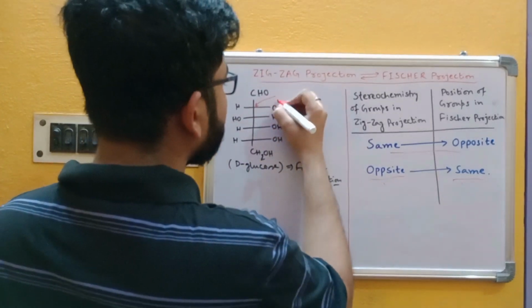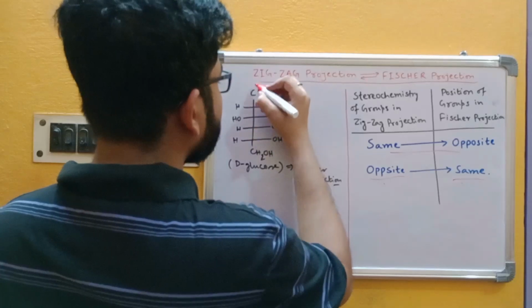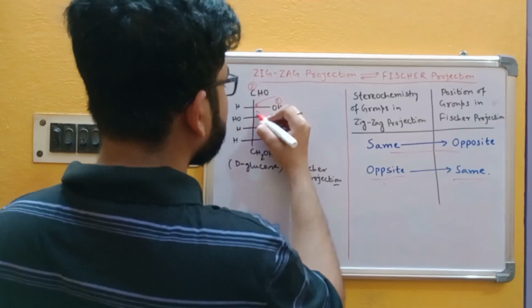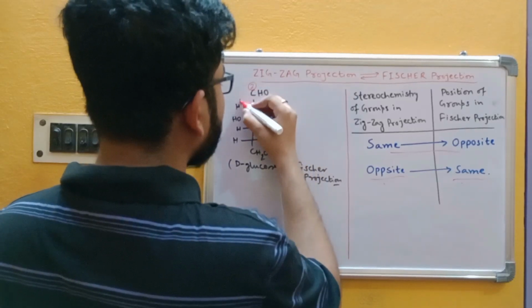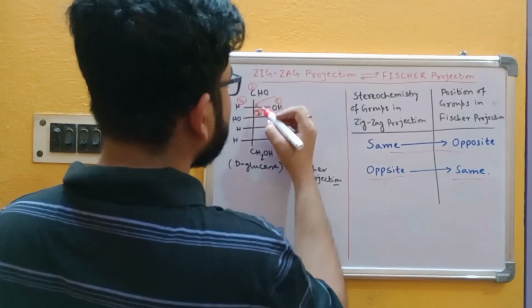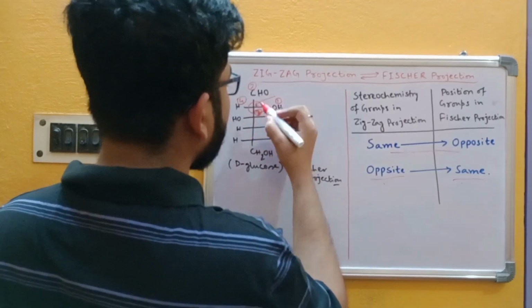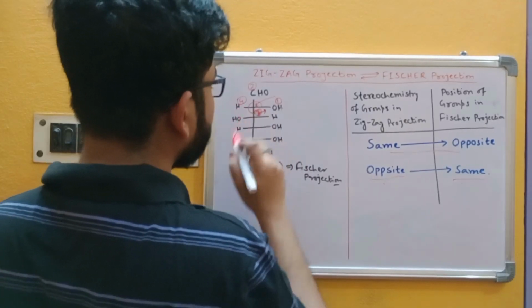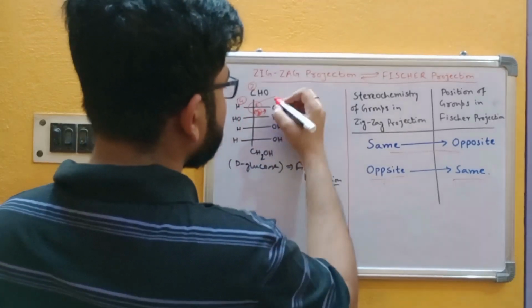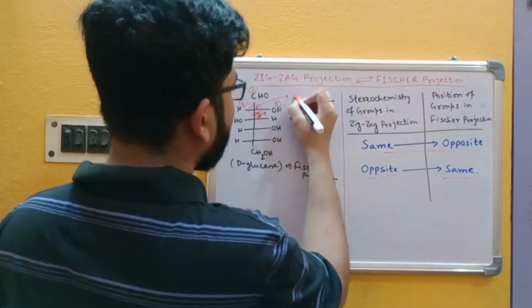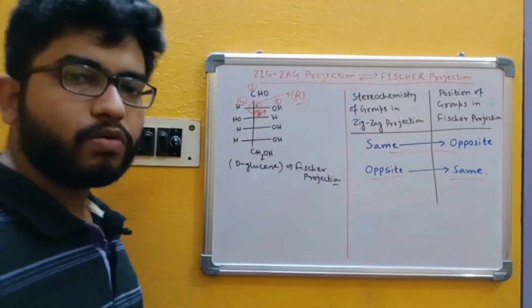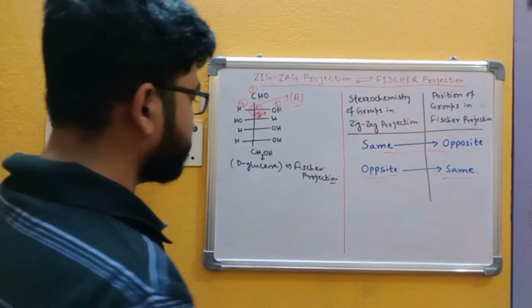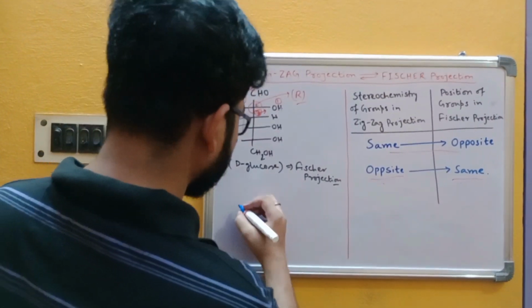So this is one priority and CHO has second priority, this has third priority, and this hydrogen has fourth priority. And we see that 1, 2, 3 is anti-clockwise, but hydrogen, the least priority, is in horizontal position. This reverses to R.